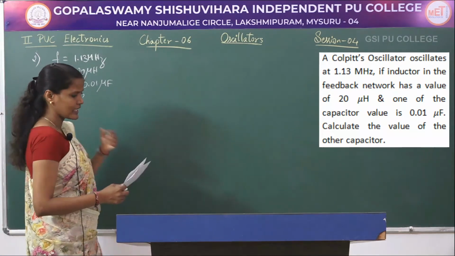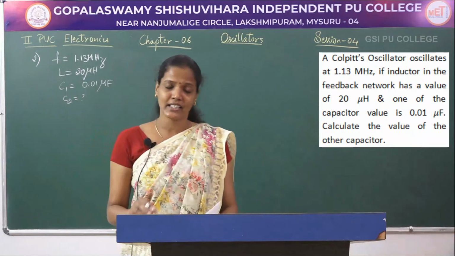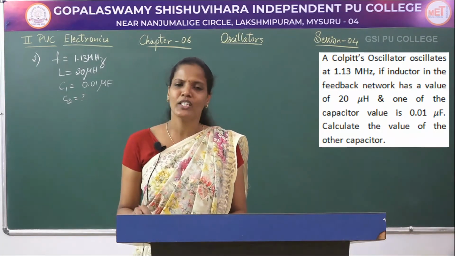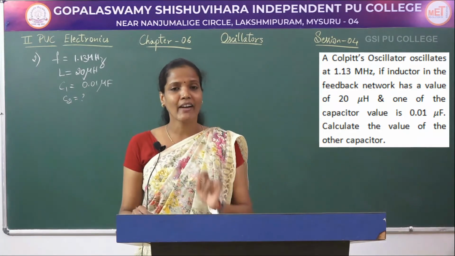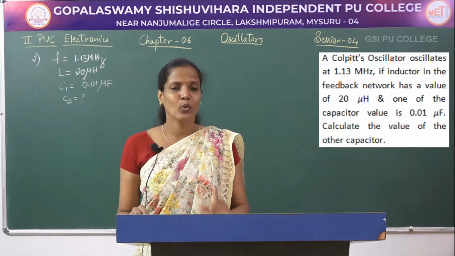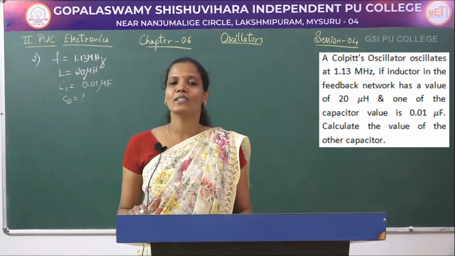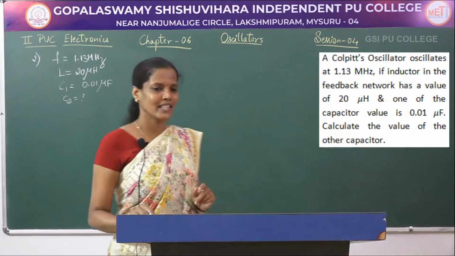So in a Colpitts oscillator we will be having two capacitors and one inductor that forms one tank circuit. So here in this problem they have given us one capacitance value and one inductance value with the frequency of the oscillating signals. You have to find out the other value of the capacitance, that is C2.